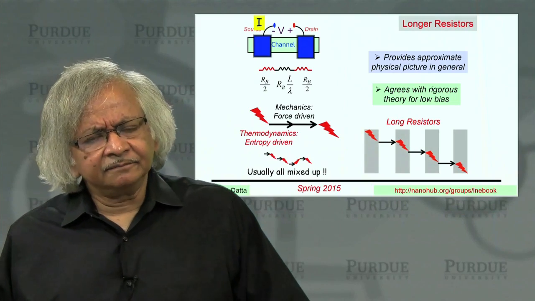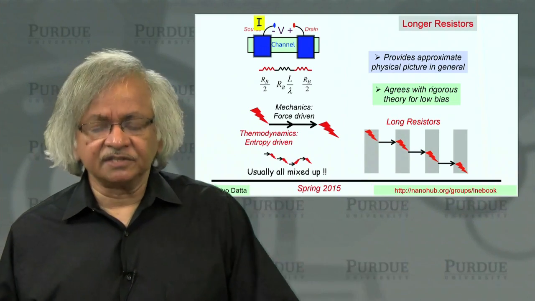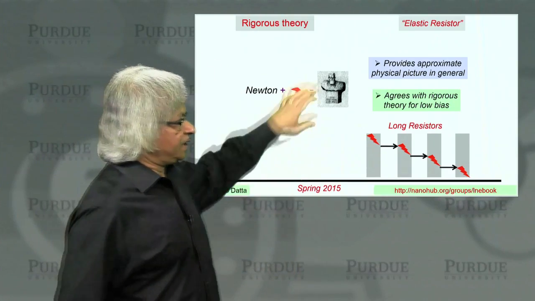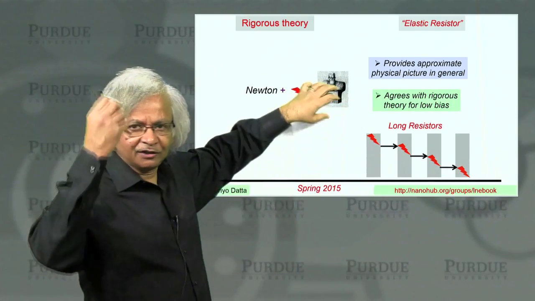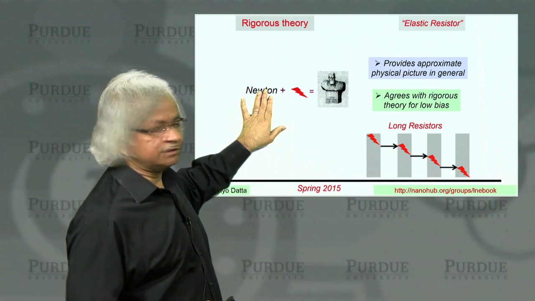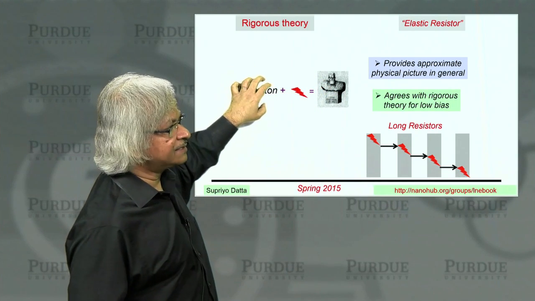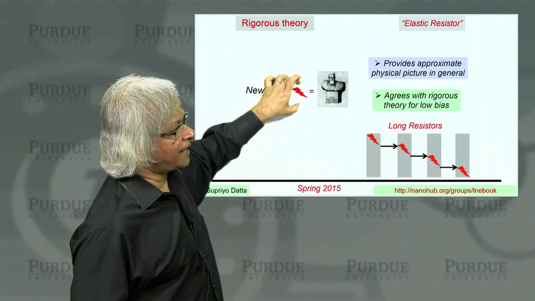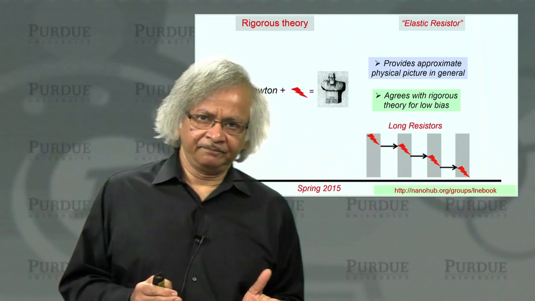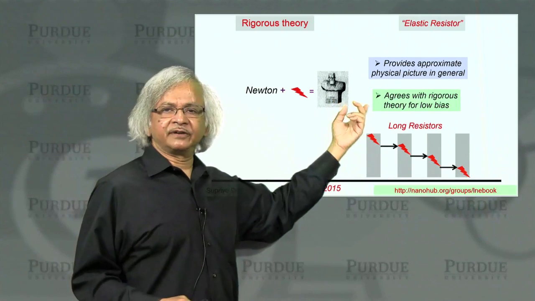Now you might say, well, what is this rigorous theory that we are talking about? Well, for semi-classical transport, that is, when you're thinking of electrons as particles, the starting point is Newton's laws, but that's mechanics. And to that, you have to add these entropy-driven processes in order to have a transport theory. And that's the Boltzmann transport equation.